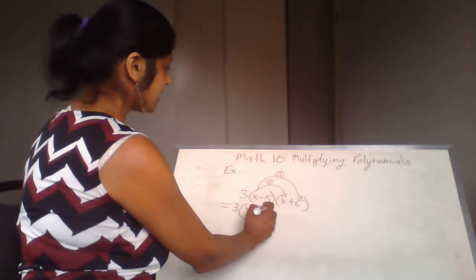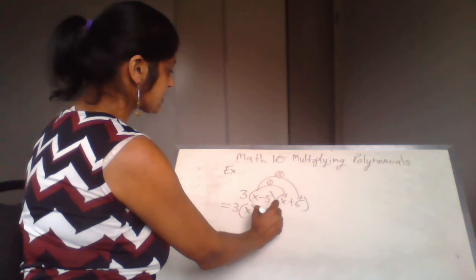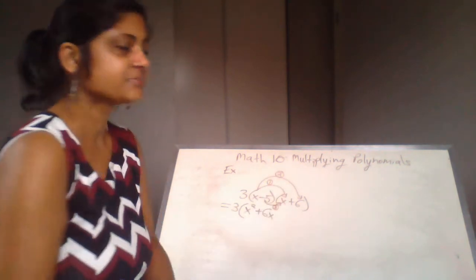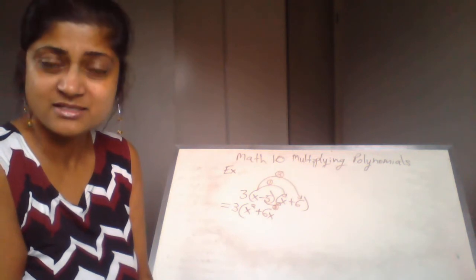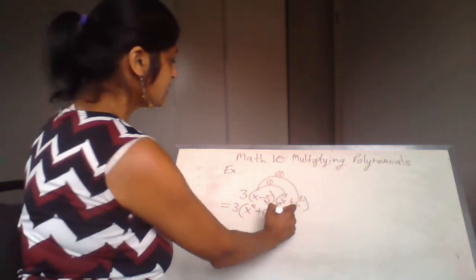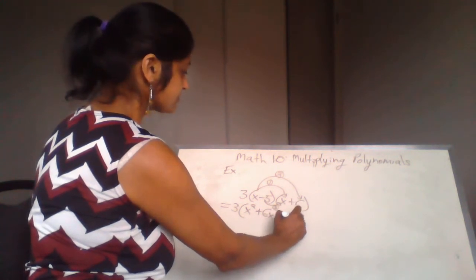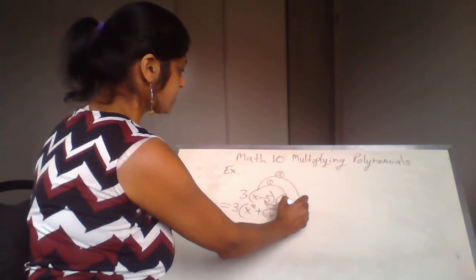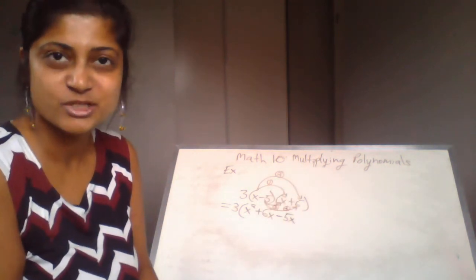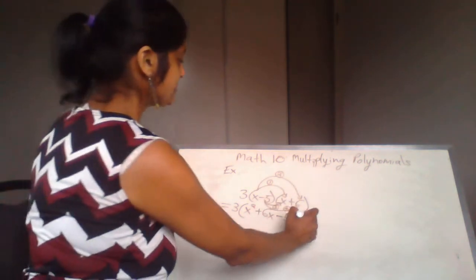So we're doing x times 6, so plus 6x. Go into the middle term here, negative 5 times x, negative 5x. Don't put positive 5x here or you'll get the wrong answer. And then the last term here, we're going to do negative 5 times 6, which is negative 30.